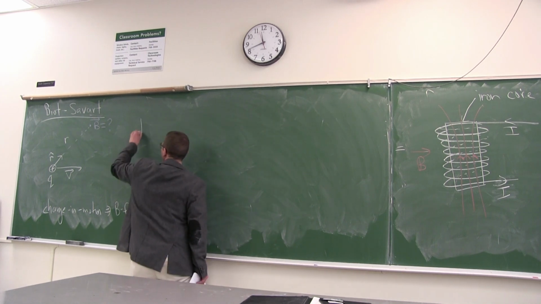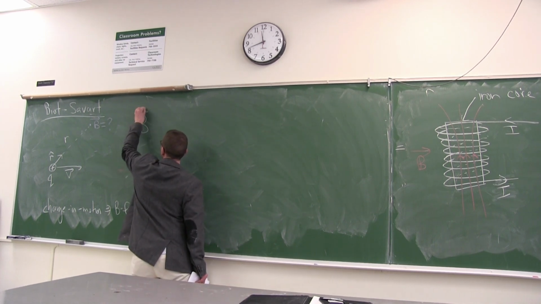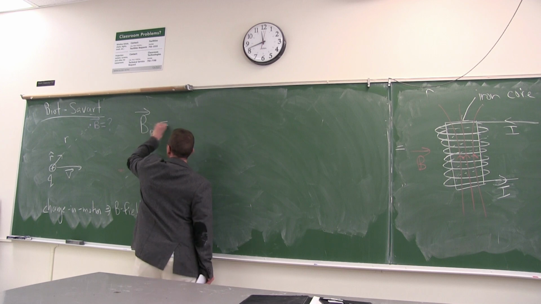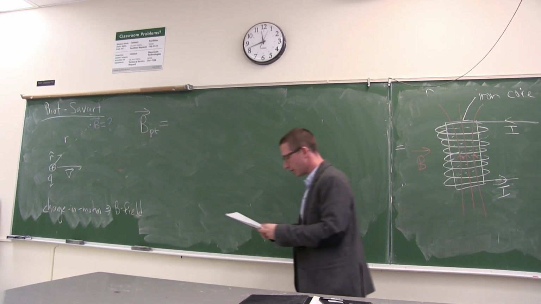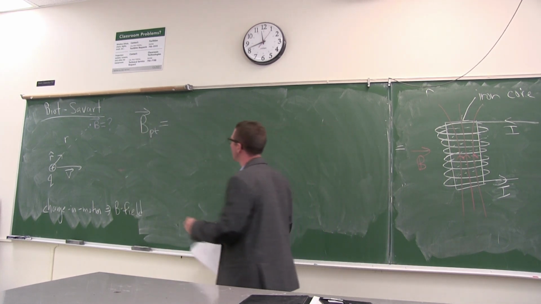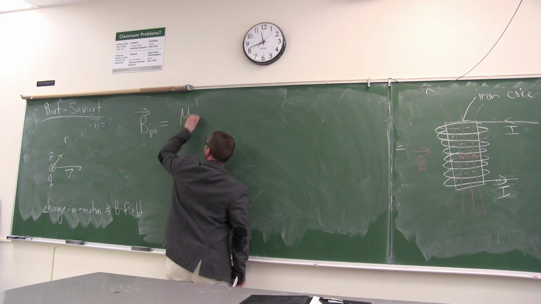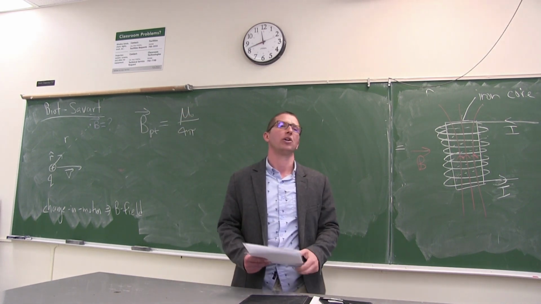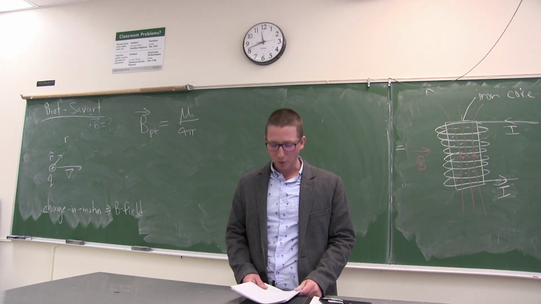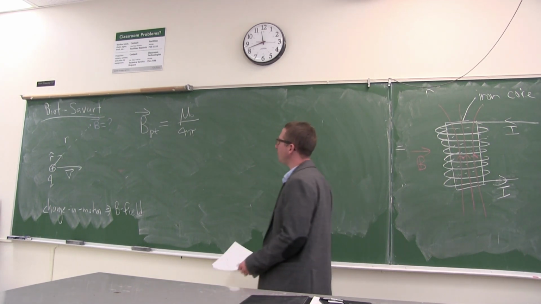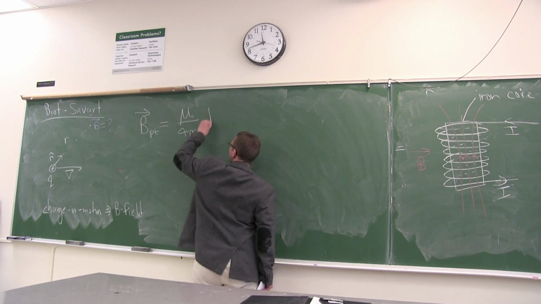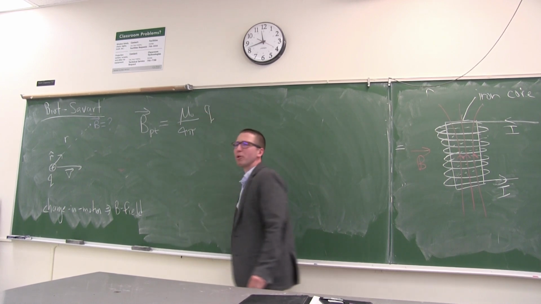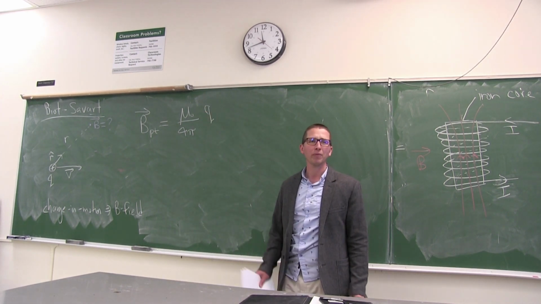So the magnetic field due to this point charge is equal to, this magnetic constant comes into place here. Now there's this factor of 4 pi, which also appears. It should be proportional to Q, right? More moving charge, the field should be stronger.